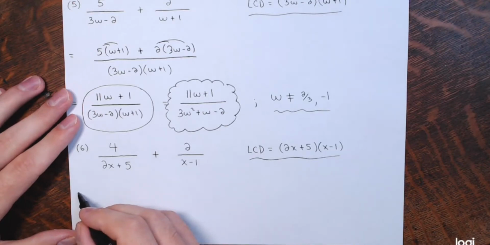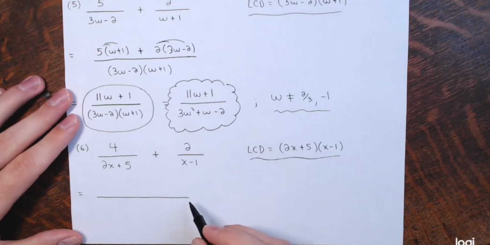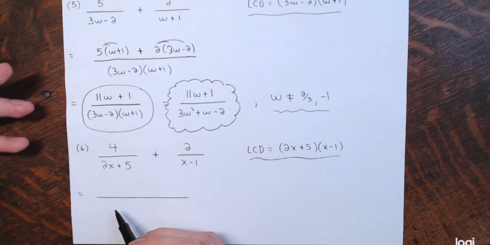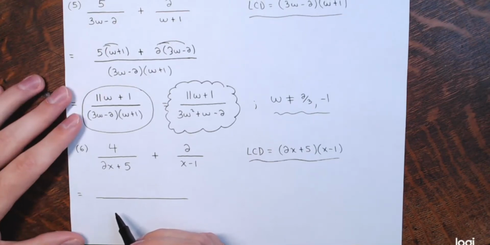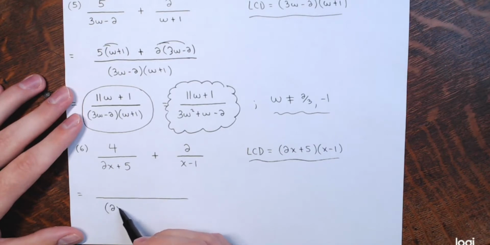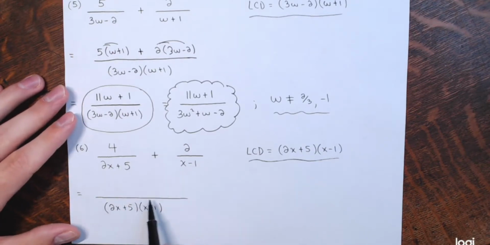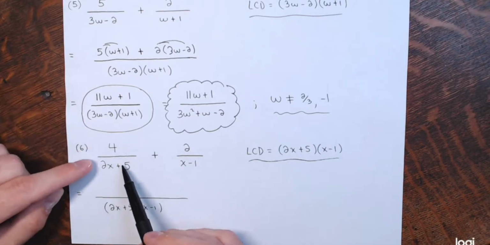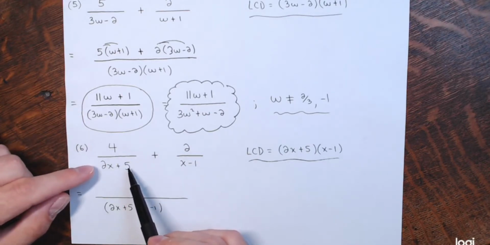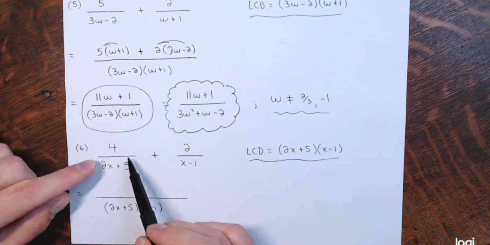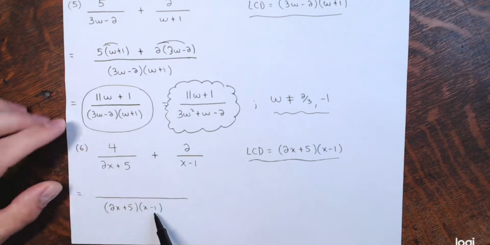So again, I'm going to skip over a step here, and I'm hoping you watched the first 4 examples. The first 4 examples go into more detail. But we'll have 2x plus 5 times x minus 1 as the denominator of both of these. So that's going to be the denominator of their sum. And then for this first fraction, in order to get the LCD in the denominator, I would multiply the numerator and denominator by x minus 1.